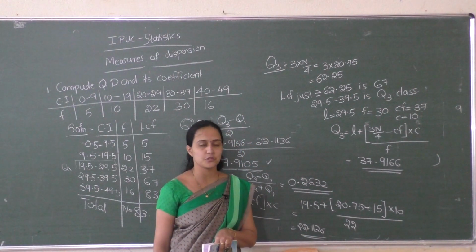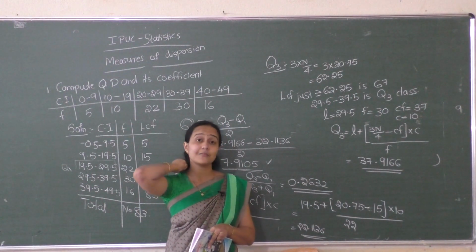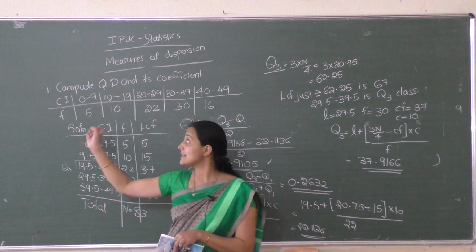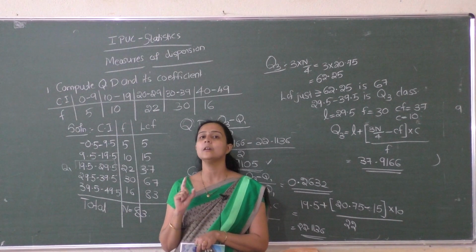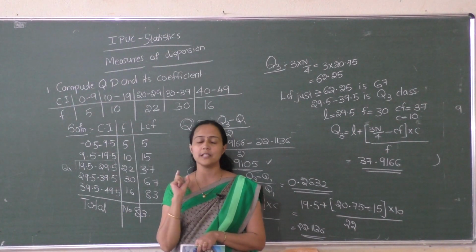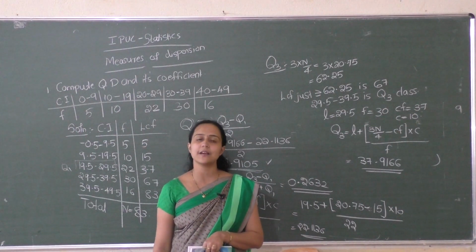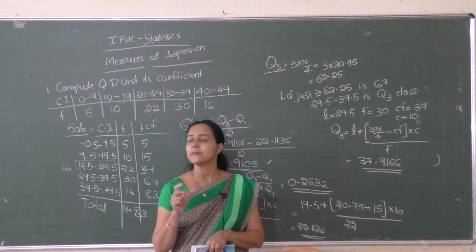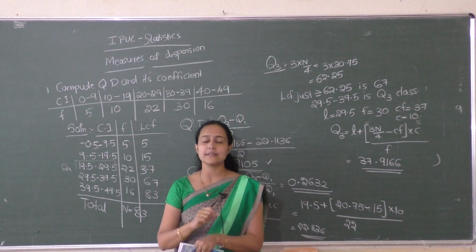Continuous frequency distribution means when class interval and frequency are given. So what we have to do? Since inclusive class intervals are given, first convert it into exclusive classes. First we have to find the correction factor. Correction factor means the difference between the lower limit of a class minus the upper limit of the preceding class, divided by 2.